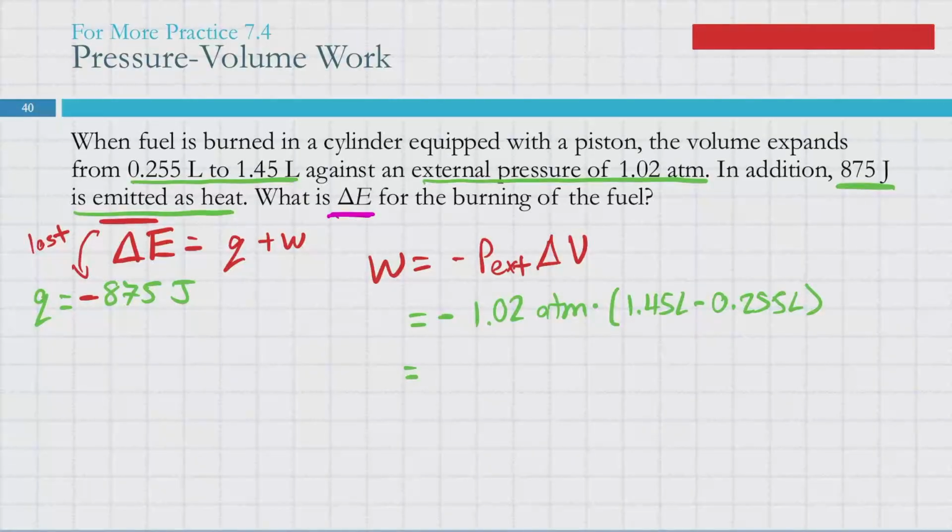So our work, plugging it in, negative 1.2189 liters atmospheres. And again, we need to convert to joules. So we multiply by 101.3.